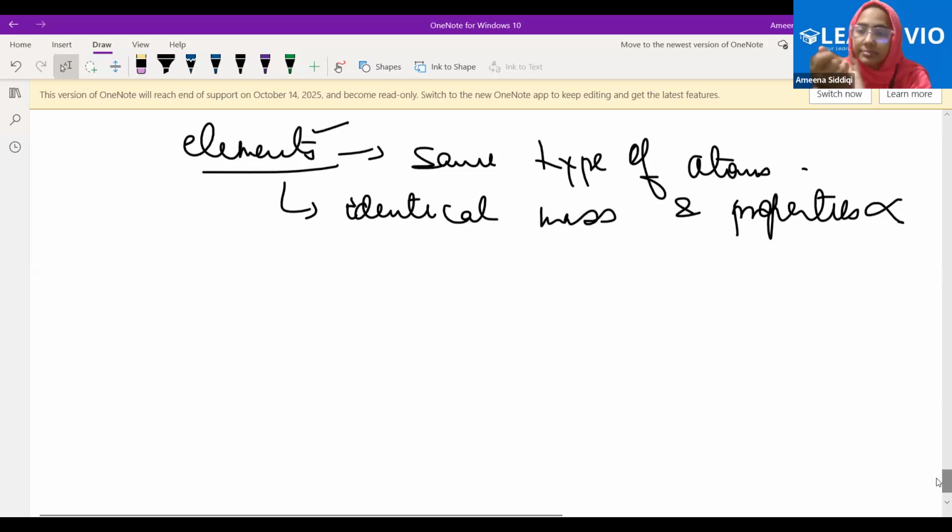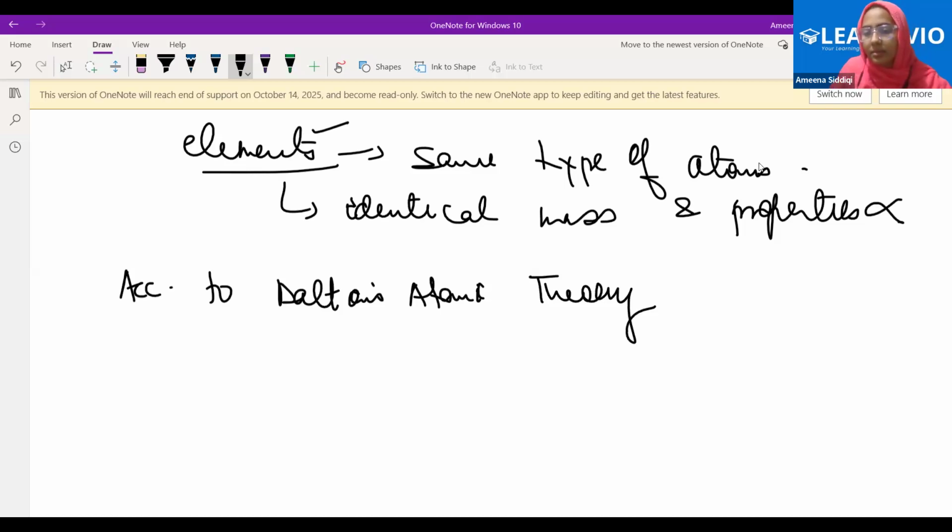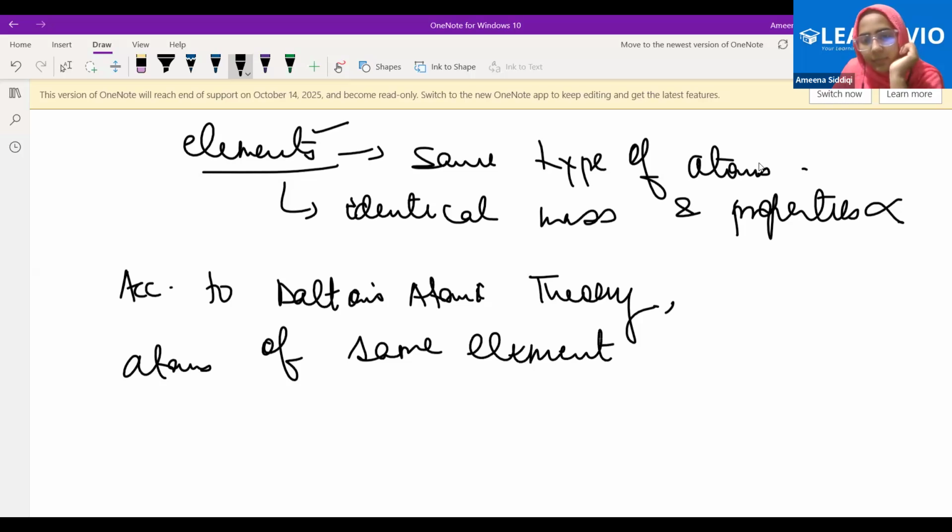According to Dalton's atomic theory, atoms of the same element have identical mass and properties.